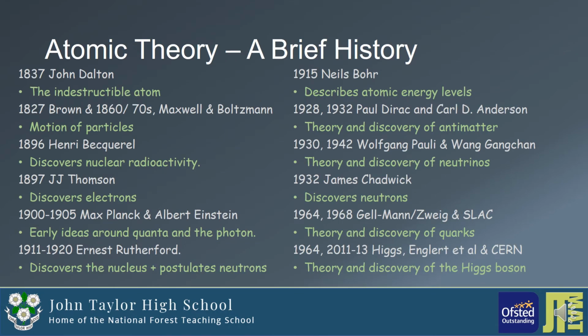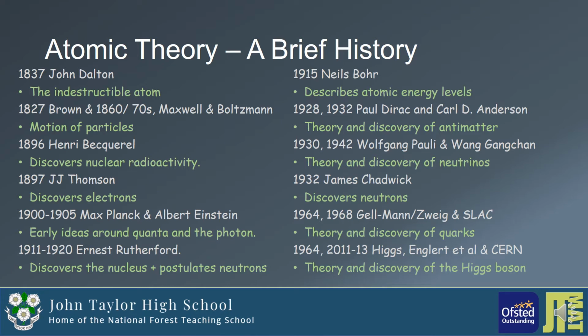Just a quick overview. I'm not going to read through the entire slide, but how particle theory and atomic theory has developed. Considering Democritus said what he did in 400 BC, there wasn't an awful lot advanced on that until 1837, when John Dalton came up with a very similar idea.